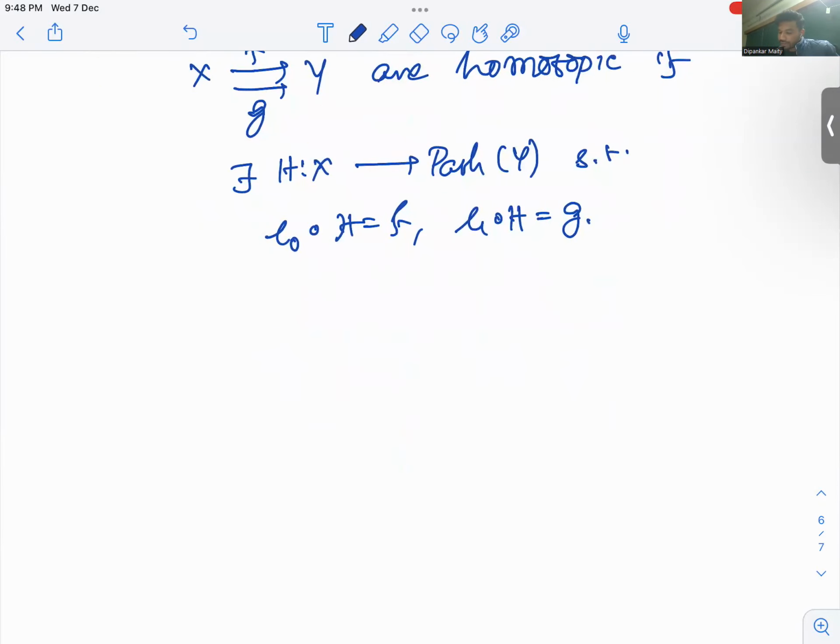And equivalently, one can define the notion of homotopy.